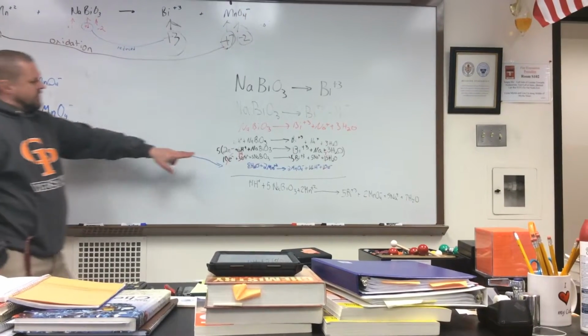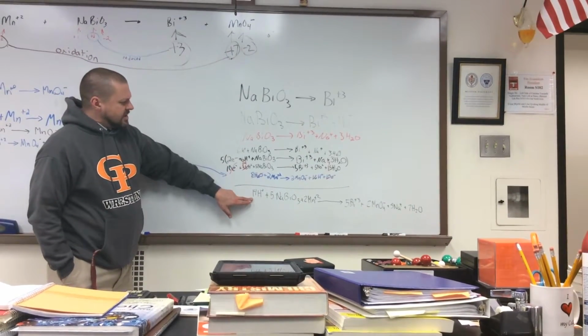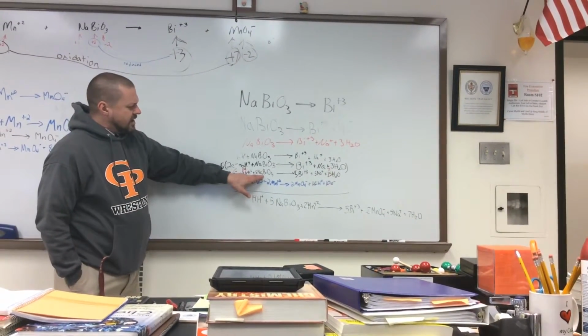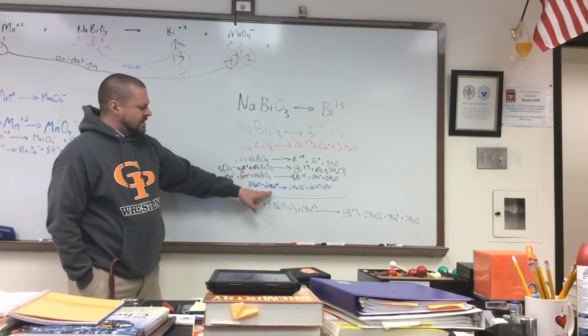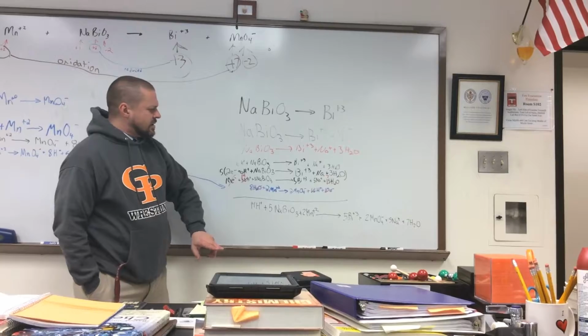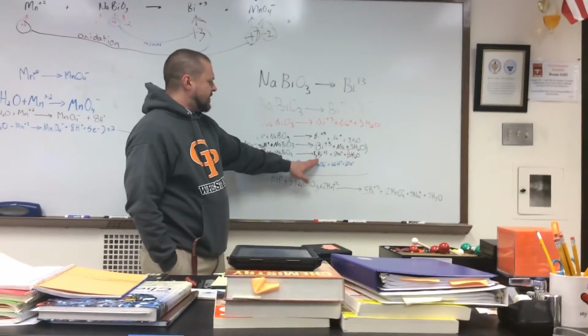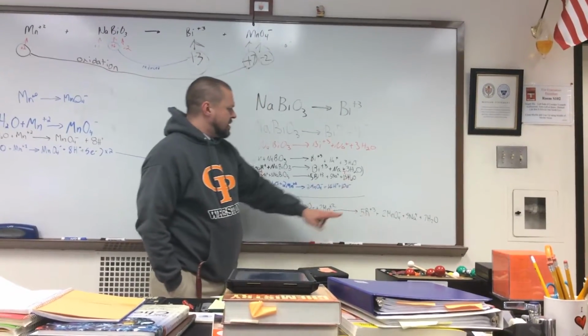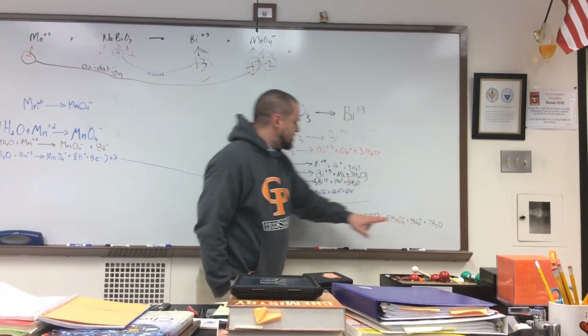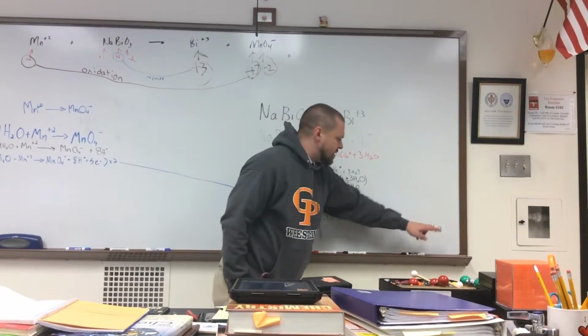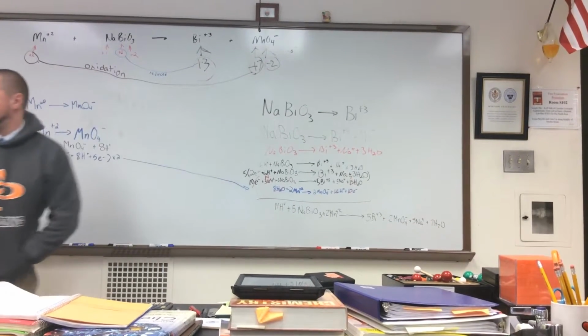Trent says we have 14 H pluses coming from here, that's good. 5 NaBiO3 there. Those are all gone, those are all gone. 2 Mn plus 2, that's good. And over here, he's saying we got 5 Bi plus 3, 2 MnO4, 5 Na plus, and 7 H2O. Okay, so let's see, does that make sense?